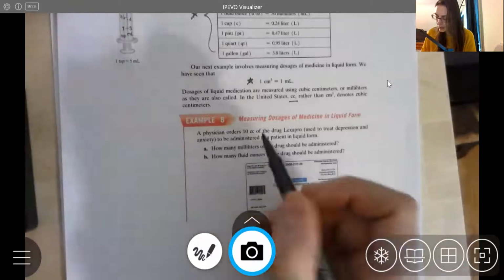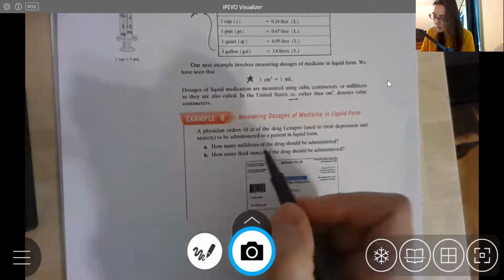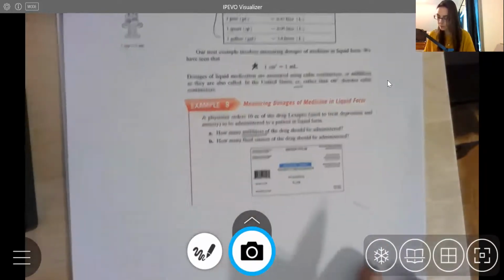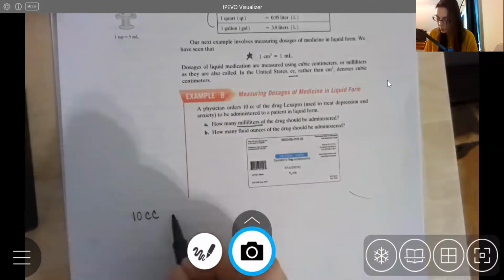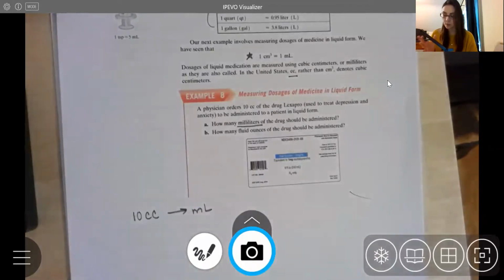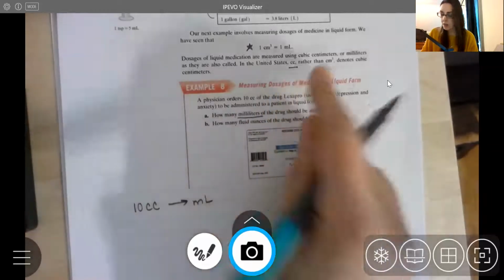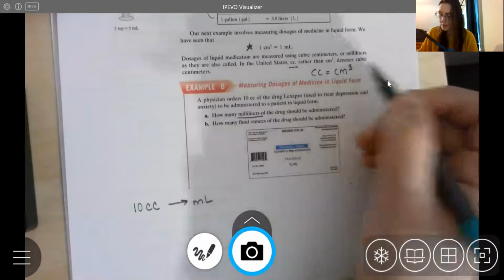A physician orders 10 cc's of the drug Lexapro, which is used to treat depression and anxiety, to be administered to a patient in liquid form. How many milliliters of the drug should be administered? We're starting with 10 cc's, and we want to figure out how many milliliters this is going to convert to. Now, remember, cc's is the same thing as cubic centimeters.